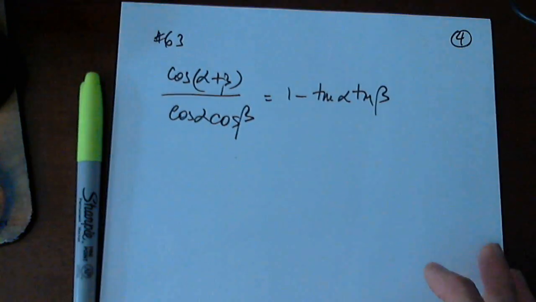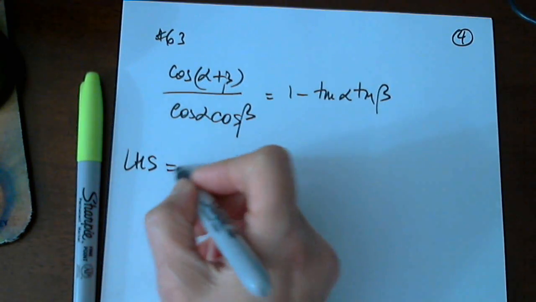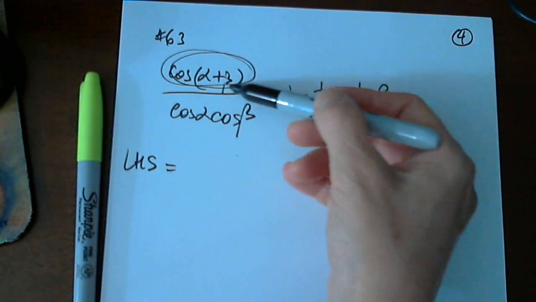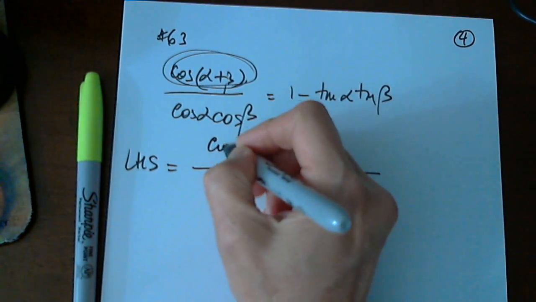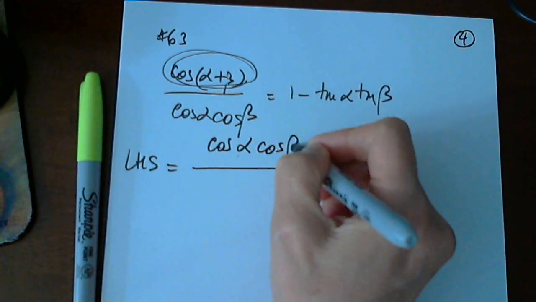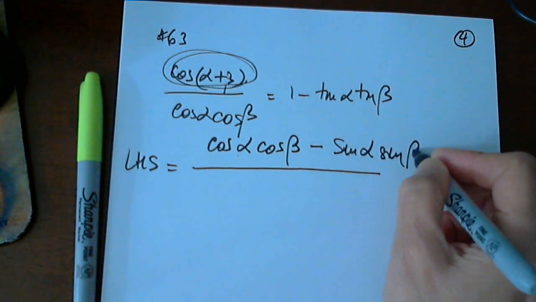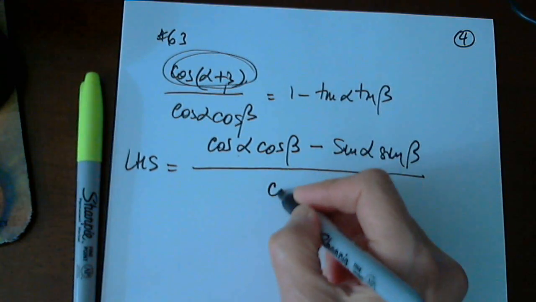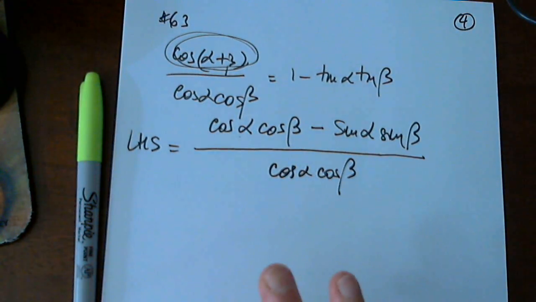Okay. I will also start on the left-hand side. And I have to replace this by what it equals to. And the identity is cosine alpha cosine beta minus sine alpha sine beta over this. But this is a very simple situation.